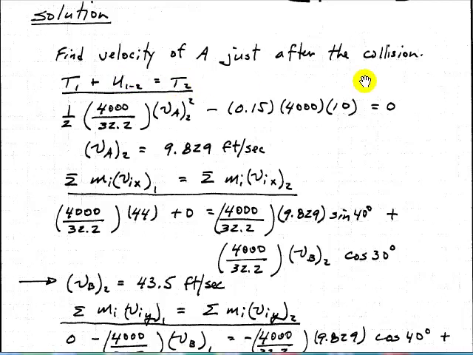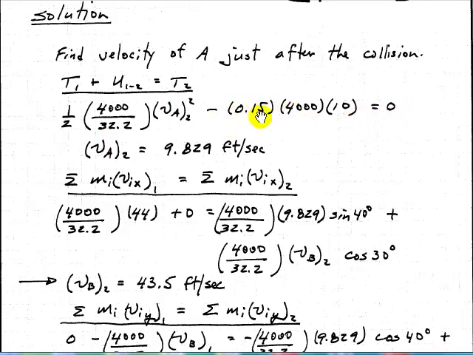Final kinetic energy should be 0 because we came to a stop. The initial kinetic energy is 1/2 m times VA squared. Now this is the velocity of A right after the impact, and we don't know it, minus the work done by friction. Those two should cancel and add to 0.